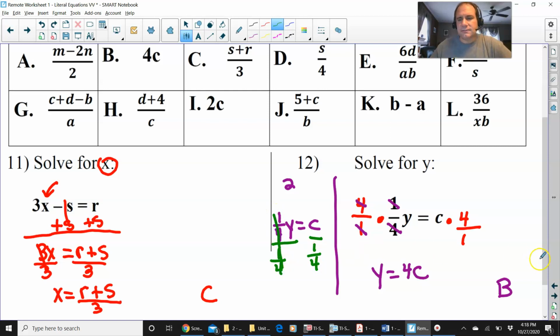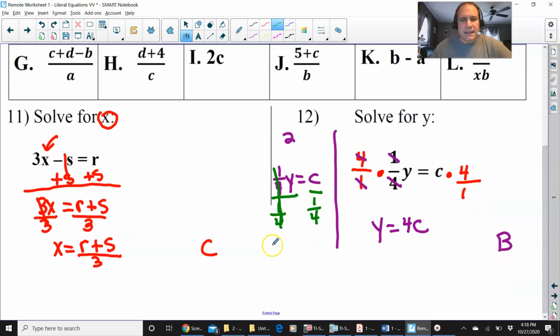That would cancel, and you would get y equals c divided by 1/4. Well, remember, keep, change, flip. Keep the c, change the division to multiplication, and flip the fraction, 4/1. So y equals 4c. Same thing. All right, so either method, just get the answer. B is that choice that's there.